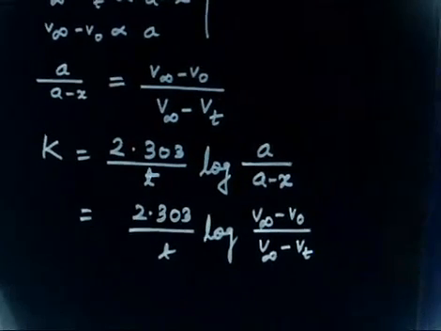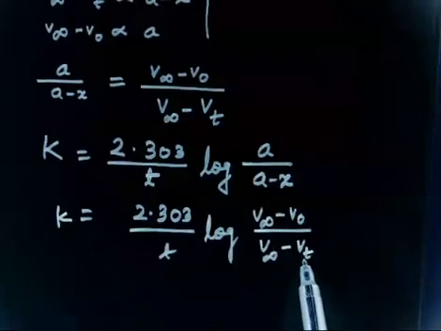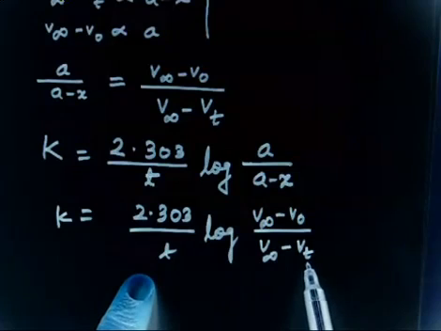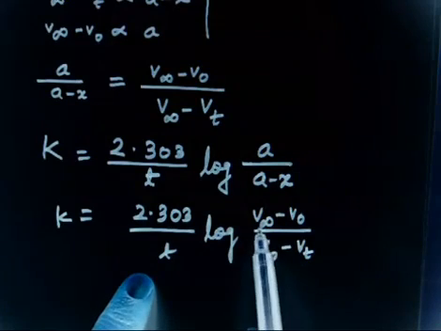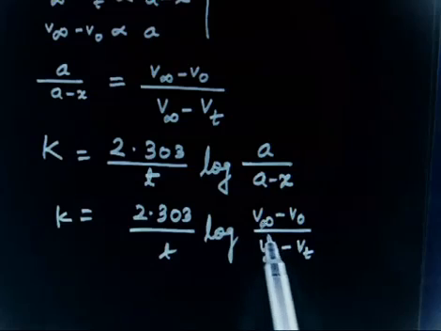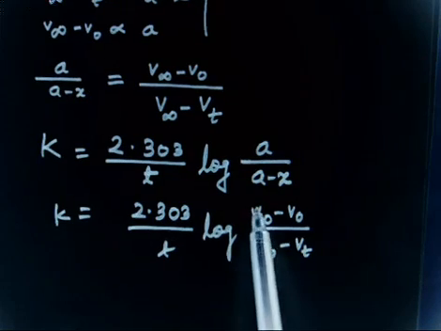So if I take different times, let us say 60 seconds, I know the Vt, and if I know the V infinity, that is the final volume after a long time, let us say the volume of NaOH required is 36 ml, so this value becomes 36 ml.